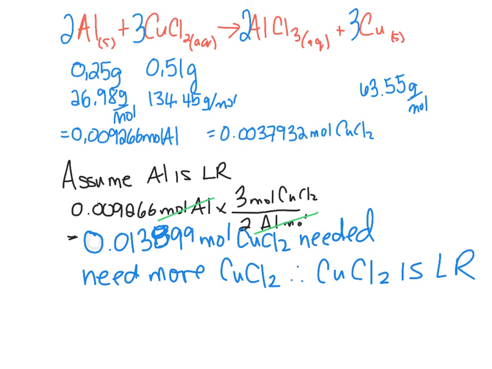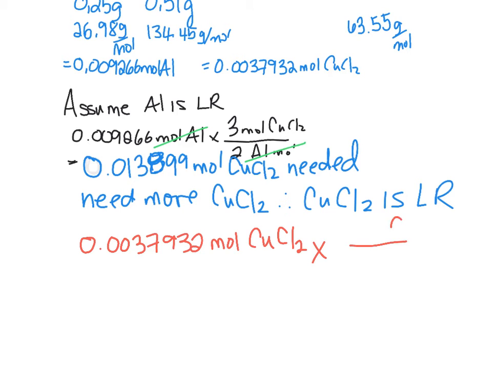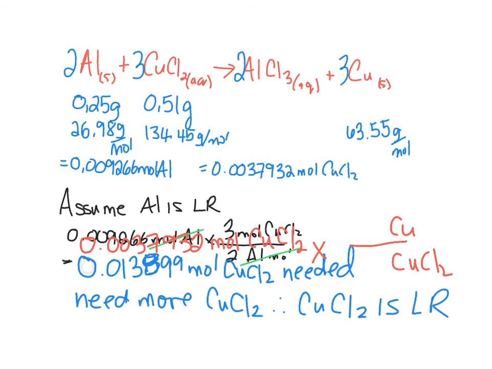Okay? We know the copper 2 chloride is limiting, therefore it limits how much product we can make. So, if we have 0.0037932 moles of copper 2 chloride, use your mole ratio from your balanced chemical equation to figure out how much copper you can make in terms of moles.